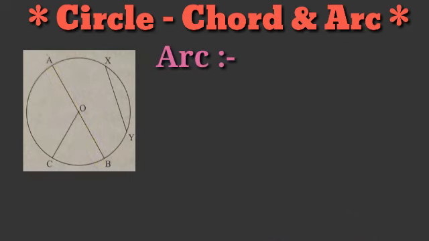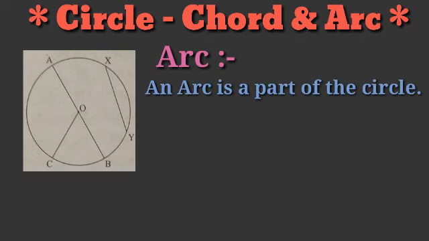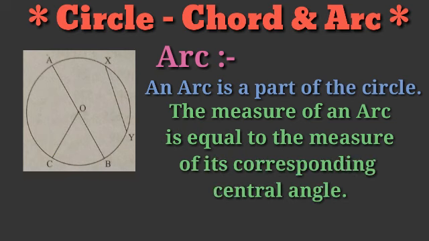Now students, let's move towards the last most important concept, that is arc. Students, an arc is the part of the circle which is lying over the circle only, not inside, not outside. So here that yellow color dotted line means the arc of the circle. The measure of an arc is equal to the measure of its corresponding central angle.